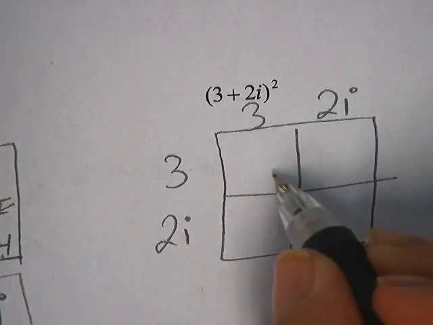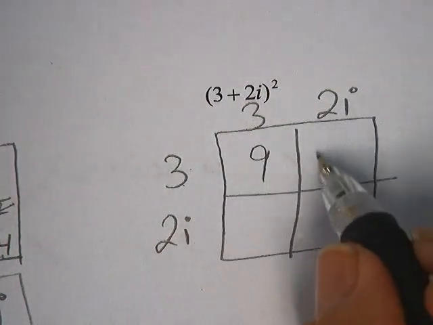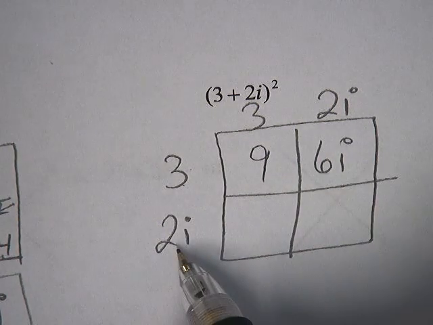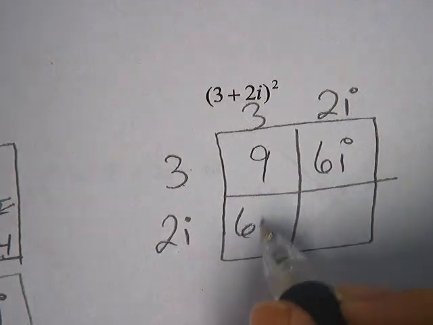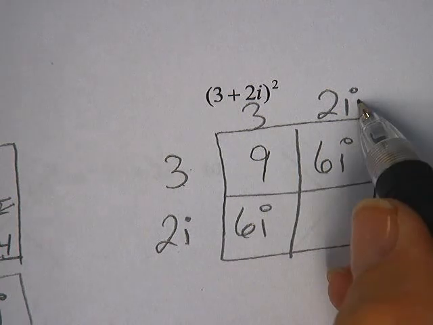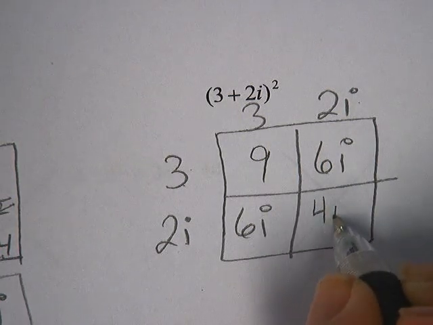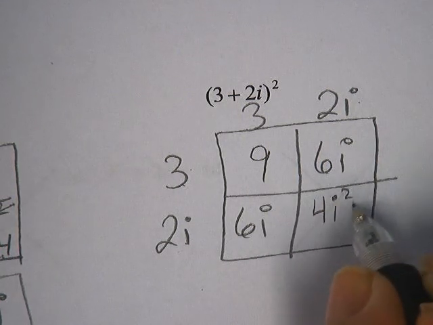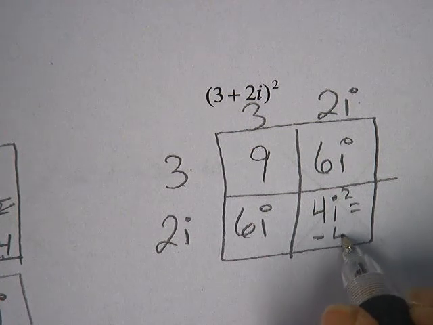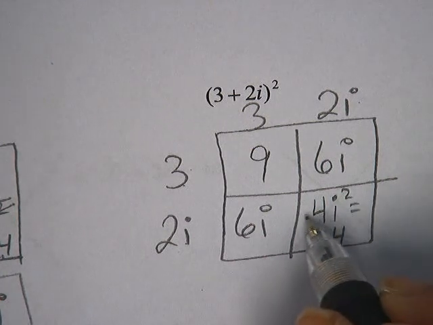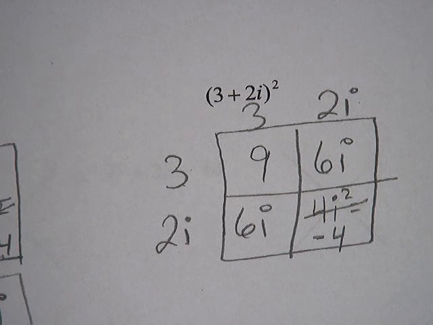Top times the left gives us 9. 3 times 2i is 6i. 2i times 3 is 6i. And 2i times 2i is 4i squared, which again is equal to negative 4, because all the i squared does is change the sign.